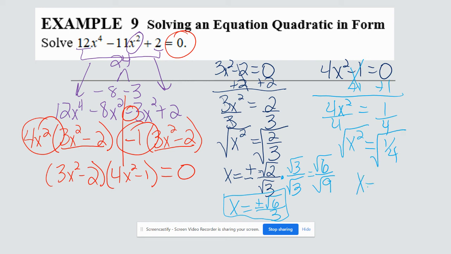So we have x is equal to, we personally put that square root on our paper, so I'm putting a plus minus. Square root of 1. Square root of 1 is 1. Square root of 4 is 2. We took the square root, so we don't write the square root symbol any longer. And plus or minus 1/2 are the other 2 answers.